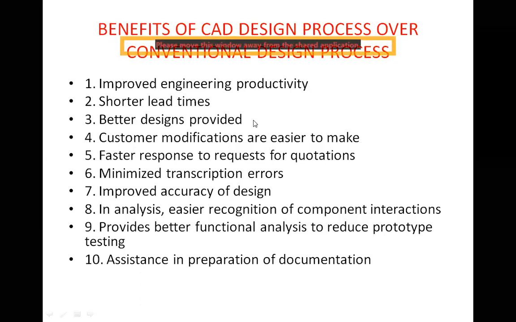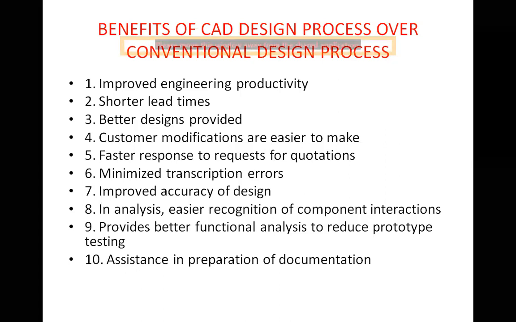If you go with manual drawing on a sheet, the designs cannot be accurate. In AutoCAD, better designs can be provided, and customer modifications are easier to make. In manual drawing, if you want to change anything, that is not possible, so you have to make another drawing.